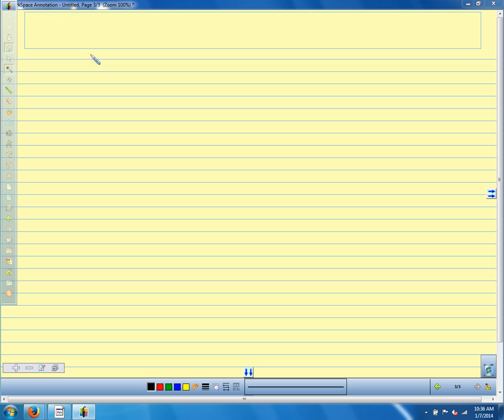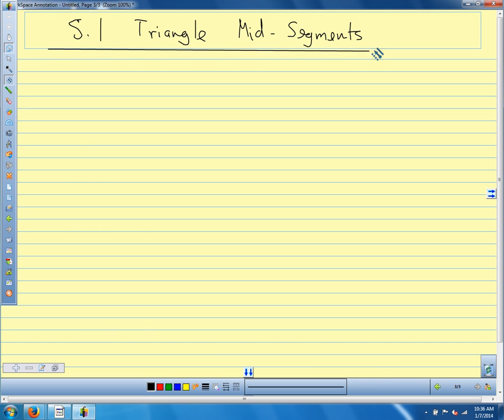So we're in section 5.1, and we're going to talk about triangle midsegments. So our big idea for today is what we call the triangle midsegment theorem.